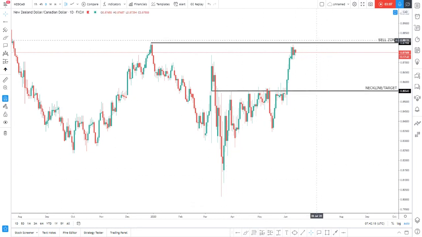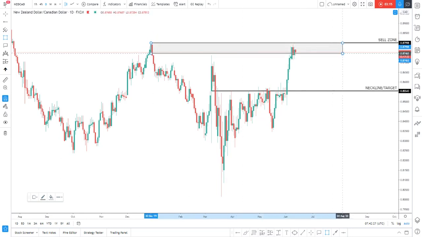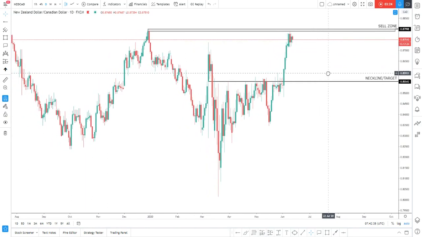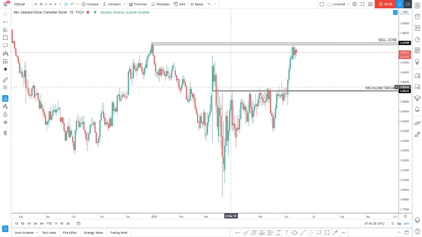So knowing this is a sell zone on the weekly time frame and also a sell zone on the daily time frame, I'll pick up my box tool and mark out the sell zone properly. Yes, the sell zone is marked out, and we can all see it clearly.